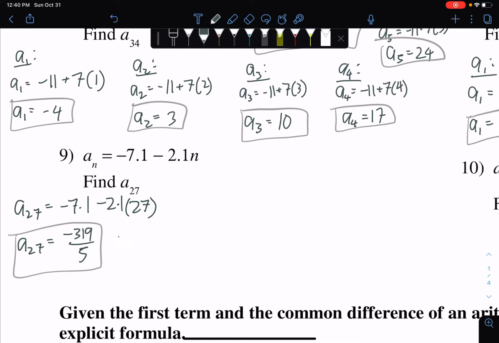Now, in this case, we know what a sub 27 is. We have two answers actually, both of which are equal to one another. Negative 319 over 5, which is a fraction, or negative 63.8, which is the decimal form of the said fraction. So whatever your math teacher prefers, do follow.